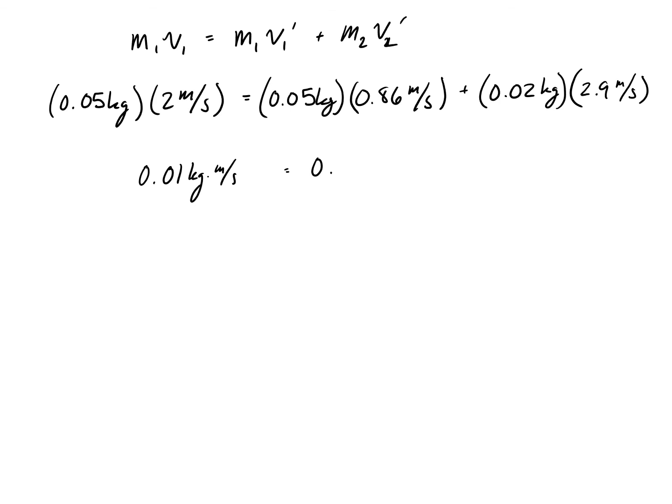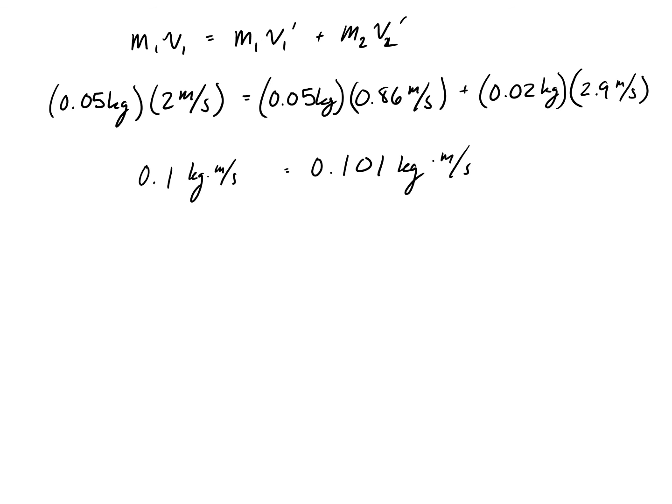Sorry, I added an extra 0 here. This should just be 0.1. I got 0.101 kilograms times meters per second. These are approximately the same. If I rounded to the 2 sig figs I would need for my solution, they'd be identical. So this indicates that my solutions are correct.